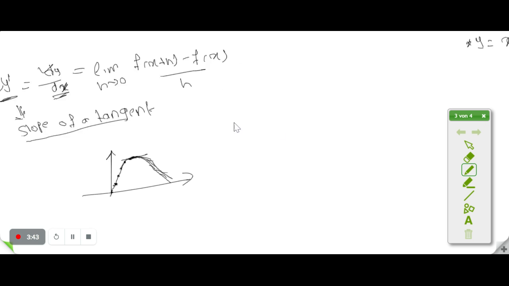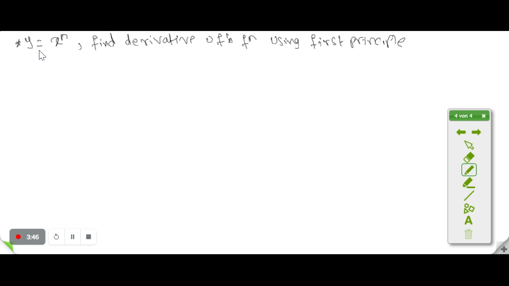So what I have to do now is find the slope of a tangent of this function, or the derivative of this function. To find the derivative, we have learned about some notation here. As I said, I'll be using dy by dx as the notation. So dy by dx is equal to the limit of h tends to 0 of x plus h raised to n.